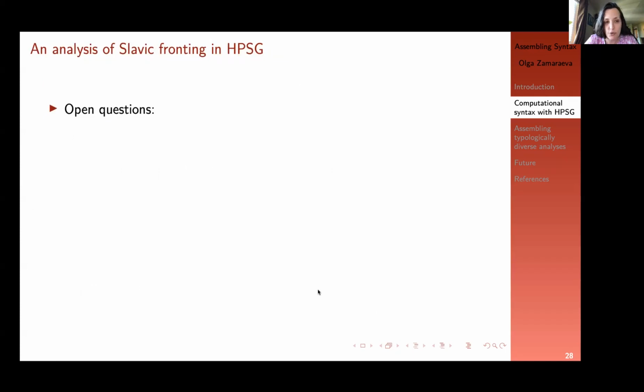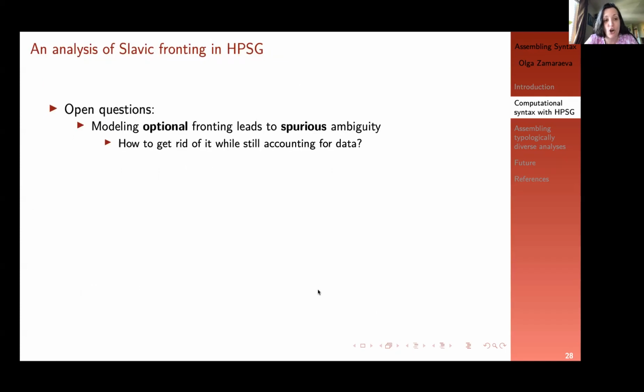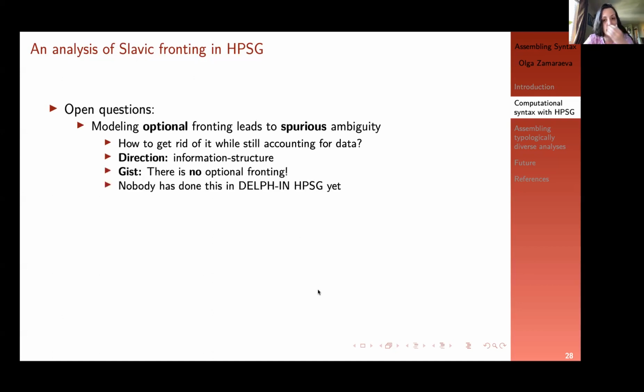There are quite a few open questions, starting with what is the optimal way of modeling optional fronting such that it doesn't lead to problems in my grammars. And I think that the direction to go there is something that you might be familiar with, the notion of information structure.